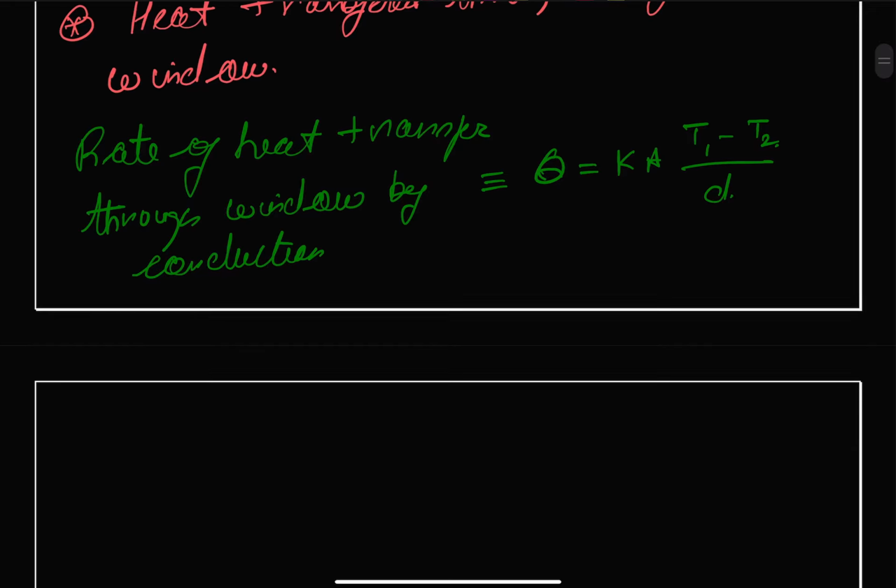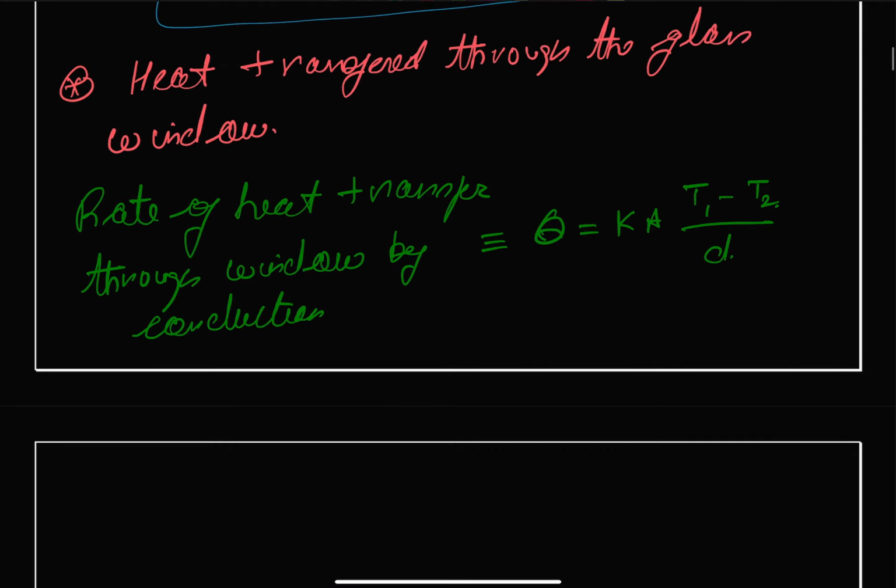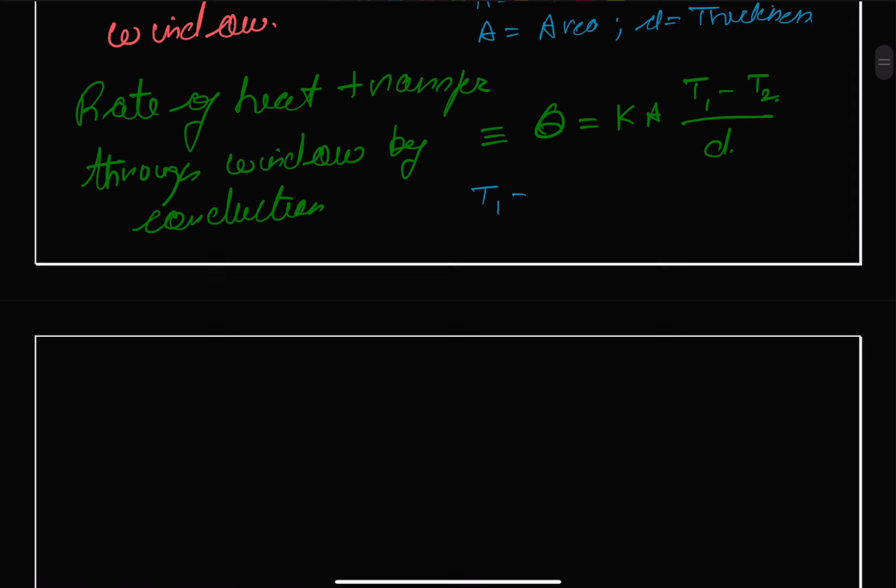In this case, K is our thermal conductivity, A is our area, in this case window area, and d is our thickness, and T1 in this case is room temperature, and T2 is our outside temperature, which we are going to find out.